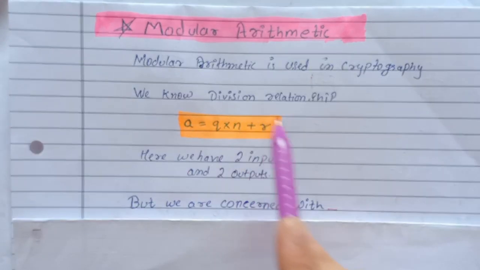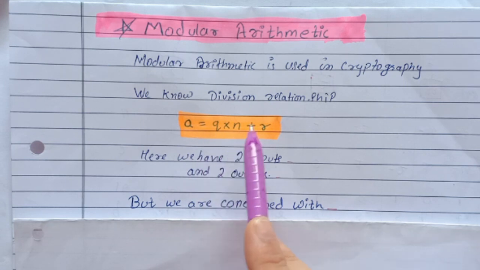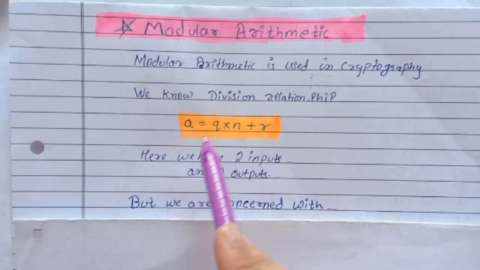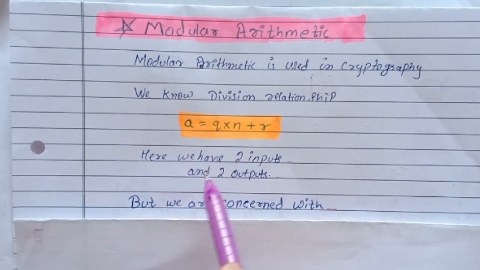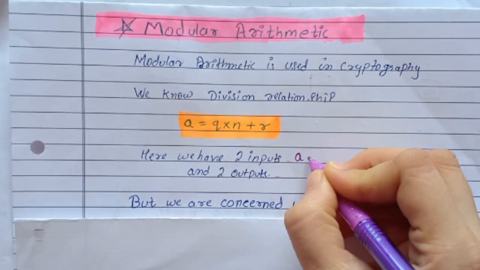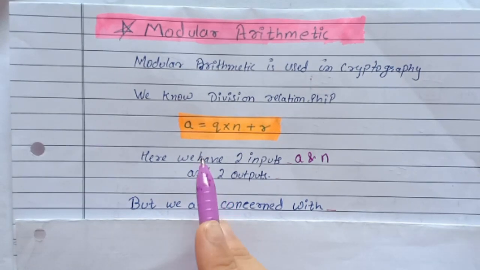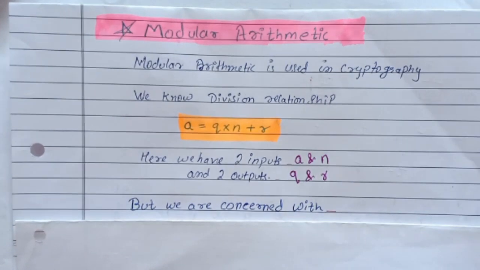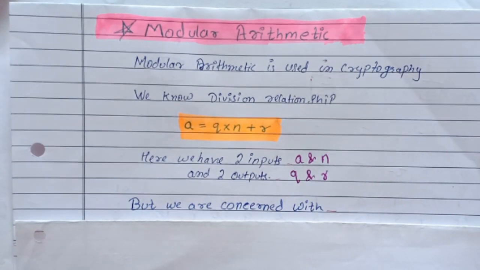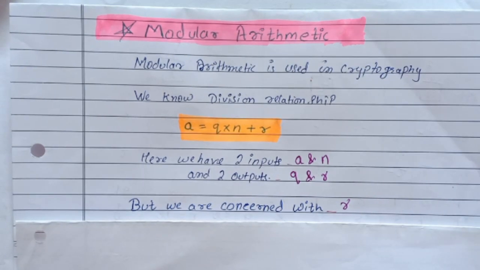Since we know the division relationship, that is dividend is equal to quotient into divisor plus remainder, as in A = Q × N + R, here we have two inputs, A and N, and two outputs, Q and R. But we are only concerned with R, that is the remainder. We don't need the quotient, we only need the remainder.